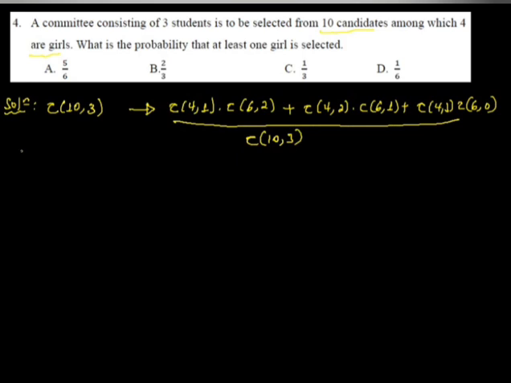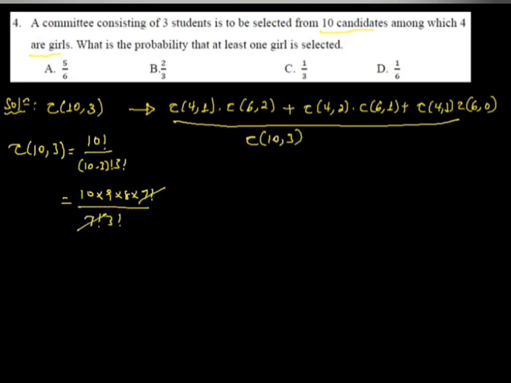Now I will show you how you can calculate combination of 10, 3, which is by definition 10 factorial over 10 minus 3 factorial times 3 factorial, which is 10 times 9 times 8 times 7 factorial over 7 factorial times 3 factorial.